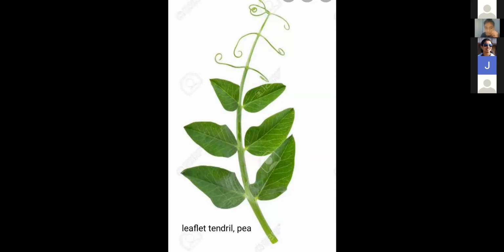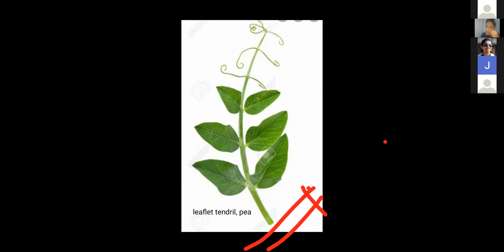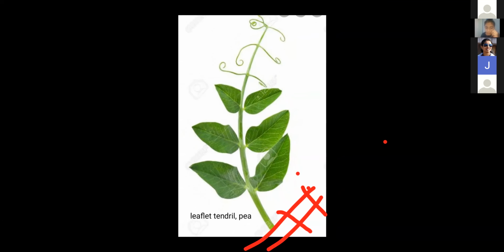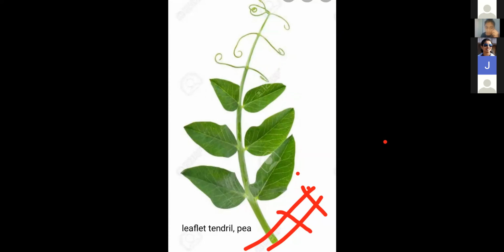See in this diagram. If this is the stem axis, nodes are there. And here, if I make this axillary bud, over here the axillary bud is there, only single.